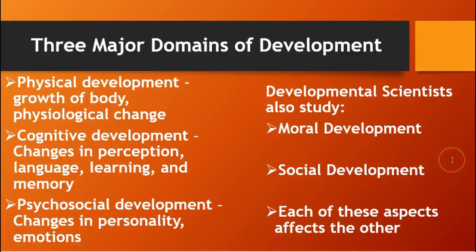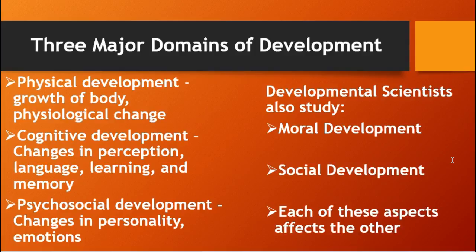There are three major areas or domains of development. There's physical development, which includes the growth of the body and the physiological changes that take place within the body. Then there is cognitive development, which has to do with changes in perception, how one thinks, language, how language is acquired, and learning.